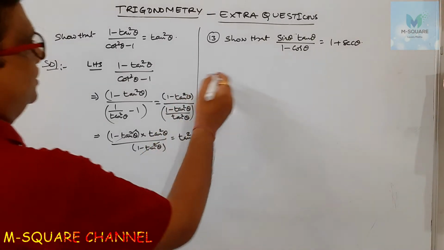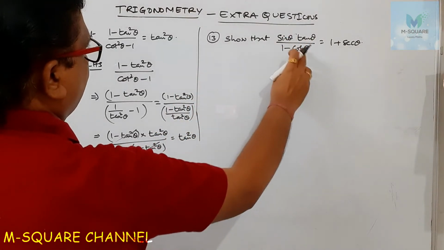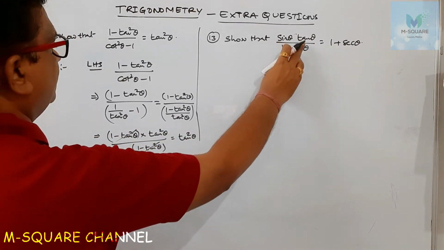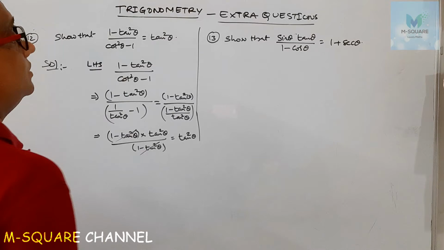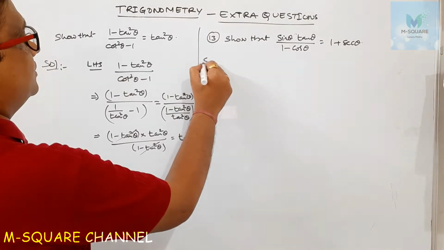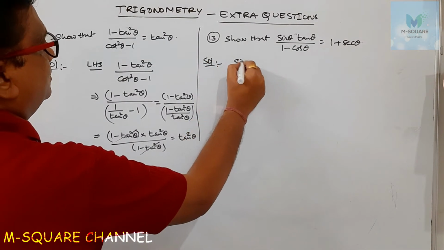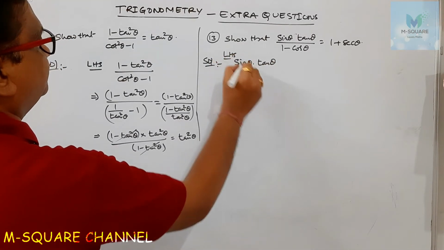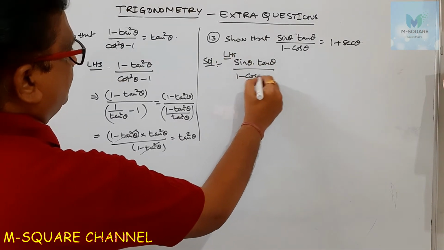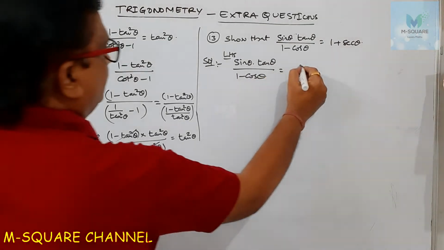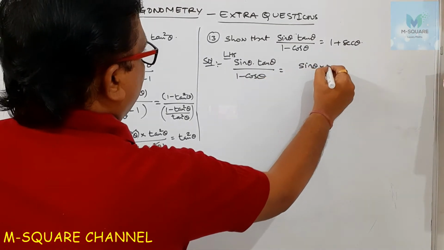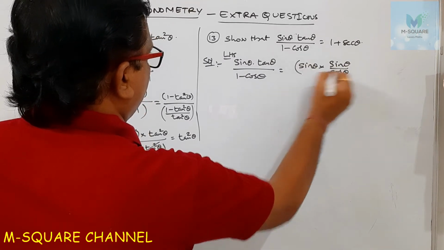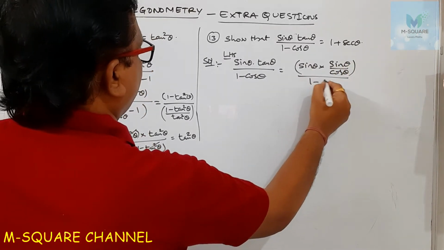In the 13th question, please see that the requirement is secant theta. So to remove sine and tan, we get that answer. So here, see how we can do it. Sine theta into tan theta by 1 minus cos theta, LHS I am taking. Sine theta into sine theta by cos theta, this is the numerator by denominator.